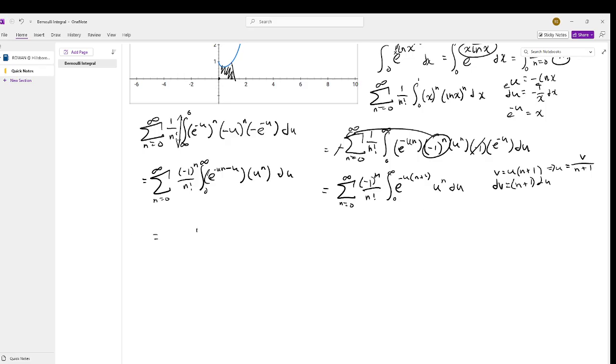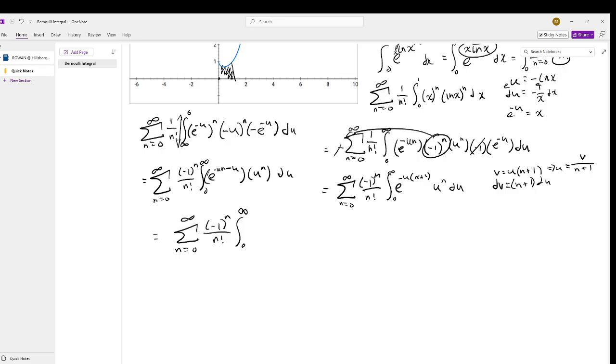So we're going to get the summation from 0 to infinity of negative 1 to the n divided by n factorial times the integral from 0 to infinity. That was a terrible infinity. And now it'll be e to the negative v, right?